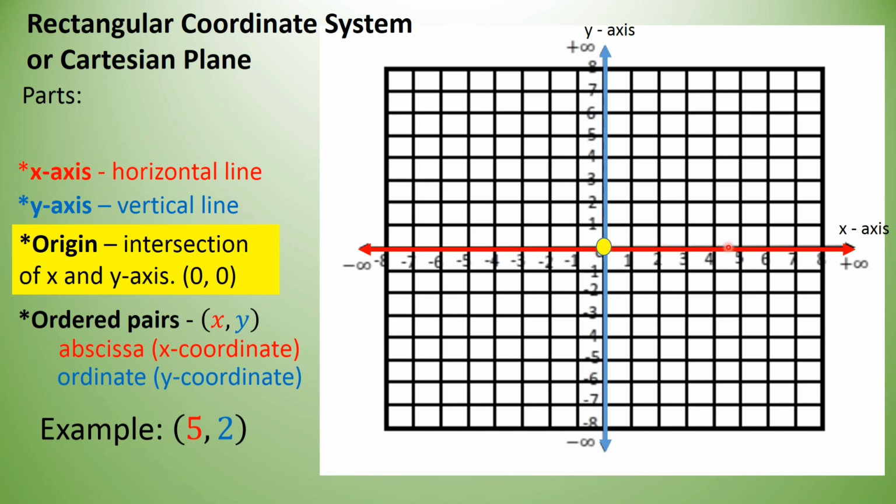Going to the right, we have positive 5. And then, from the point of origin, upward, we have positive 2. Since 5 and 2 will meet at this point, this is our ordered pair, 5, 2.